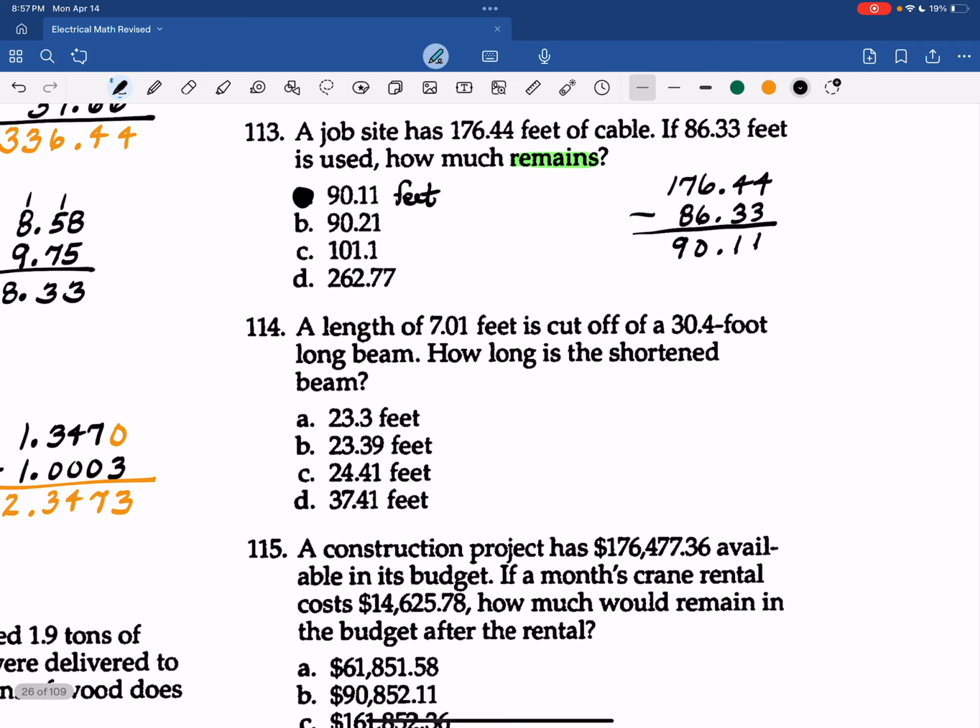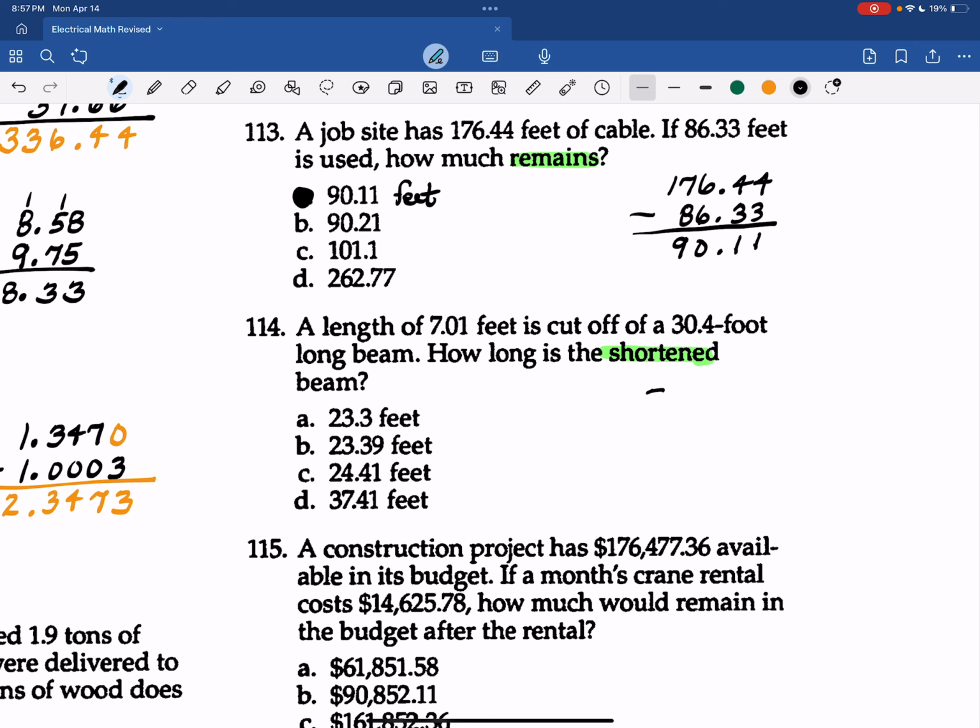A length of 7 1/100 of a foot is cut off of a 30.4 foot long beam. How long is the shortened beam? That's a subtraction one. Cut off is also a clue.